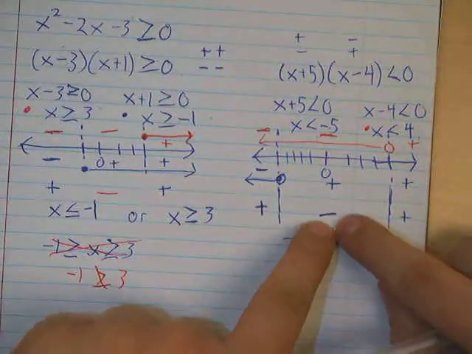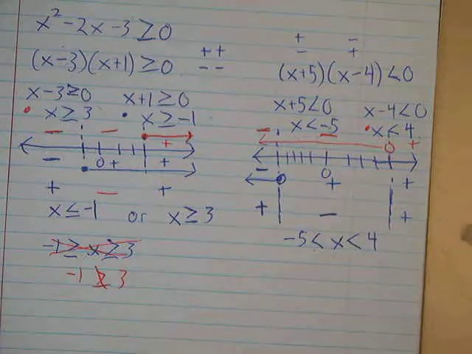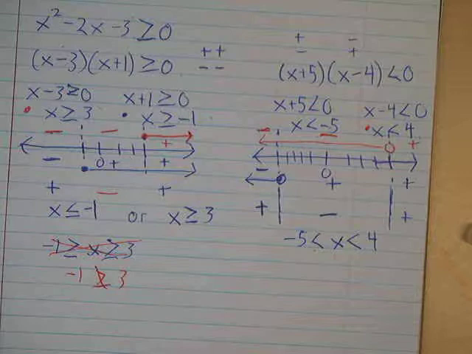So this statement can't be written. We have to write it as an or statement when they're separated by something. We can write it as an and statement when it's contained all in one space.